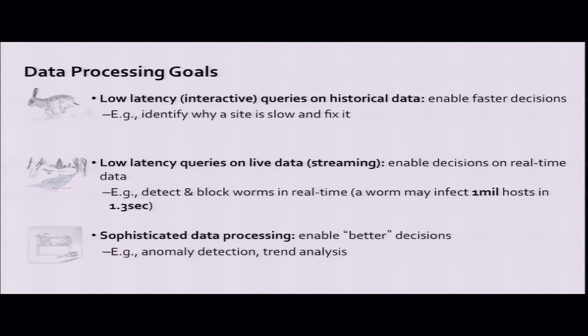And finally, you want sophisticated data processing, because many of the decisions are not just SQL queries. For instance, anomaly detection and trend analysis are based on sophisticated machine learning and graph-based algorithms. So you want to support those.